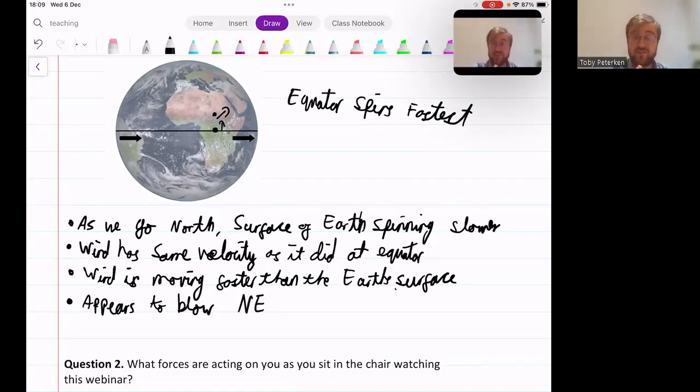If we just had the same velocity, what is north at the equator is directly up when we're at the North Pole. So as we get further and further away from the equator, the wind would appear to be going more and more up.